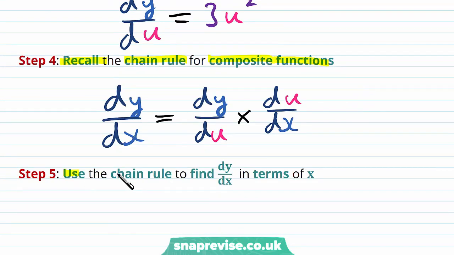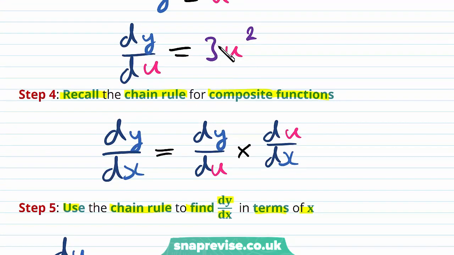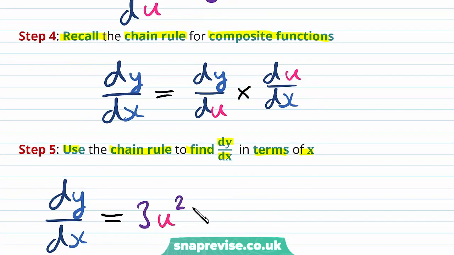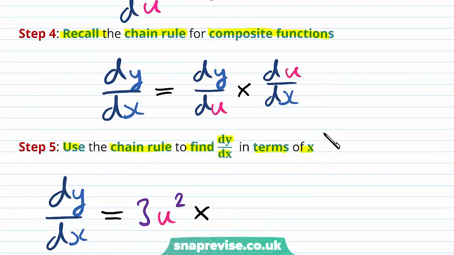Our fifth step is to use the chain rule to find dy by dx in terms of x. So using the above chain rule, by substituting in, dy by dx is going to be equal to dy by du, which is 3u squared, and then we multiply by du by dx, which is 2x.